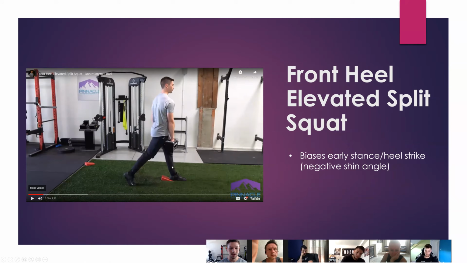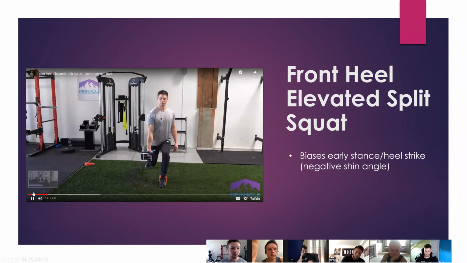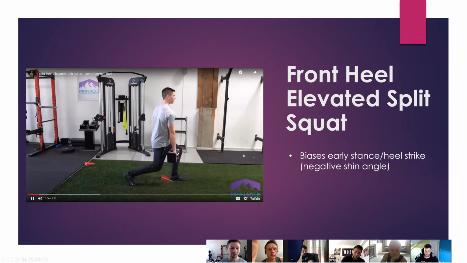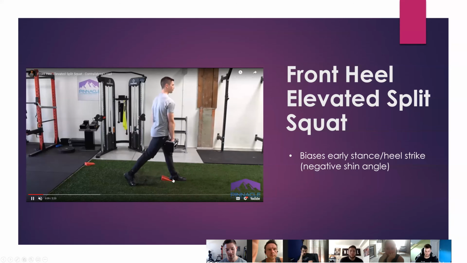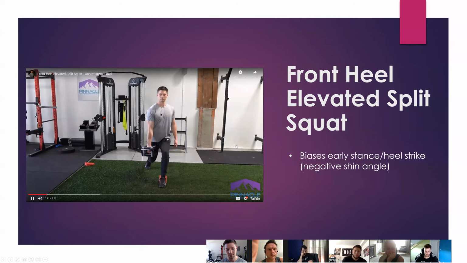Contralateral load. As I go down, you might say, isn't that a forward shin angle? I would say no, because if you look at it relative to my elevated foot, it's a vertical tibial angle. That is really just me moving from negative to vertical. Relative to my foot, it is perfectly straight.